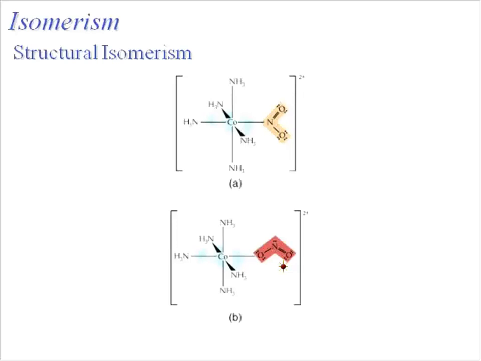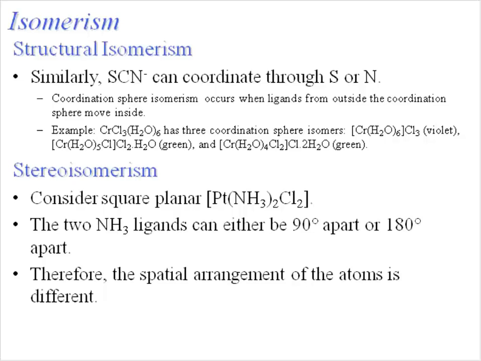And you've got isomers. Here is another example. This ligand can link through sulfur or nitrogen.